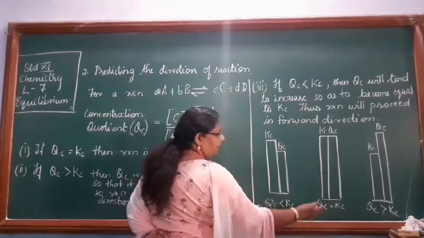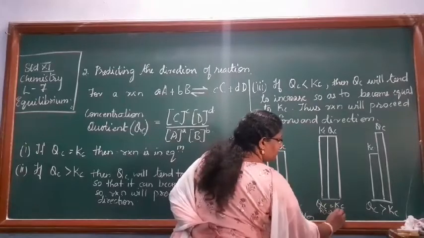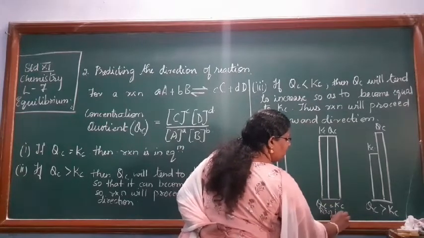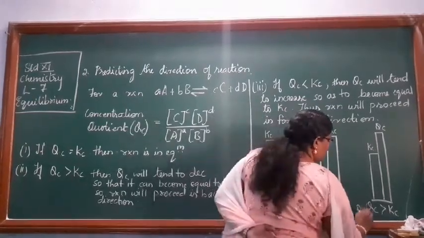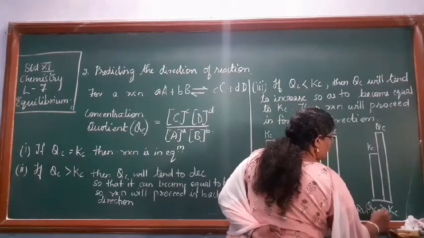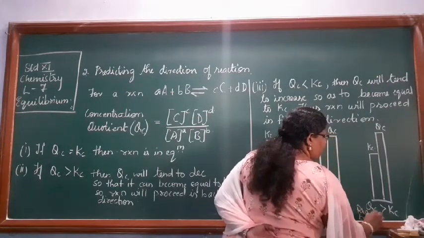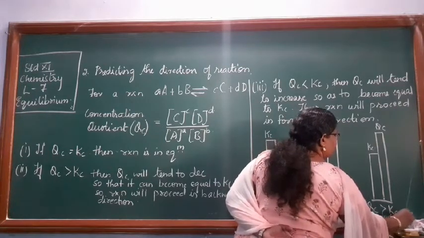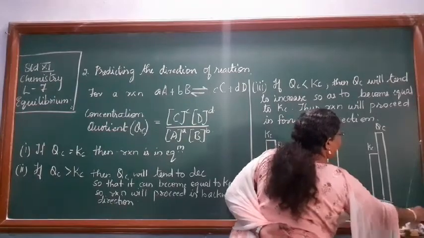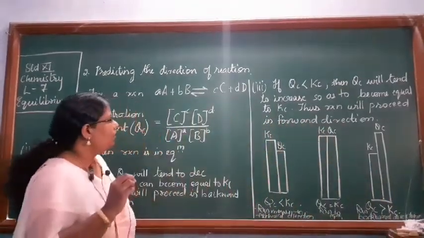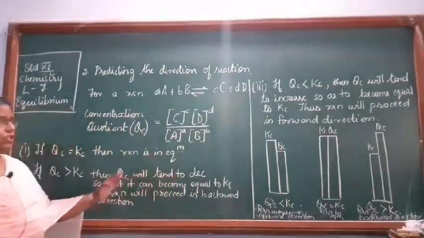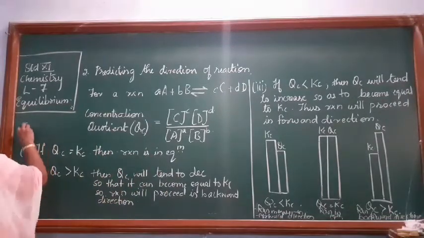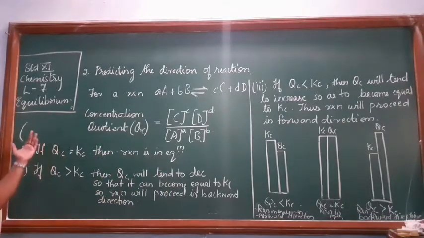ठीक है, here the reaction is in equilibrium, and here the reaction is in the backward direction. Have you followed? So these are the three situations. QC क्या है? It is the concentration of reactants and products measured at any other time than the equilibrium state.